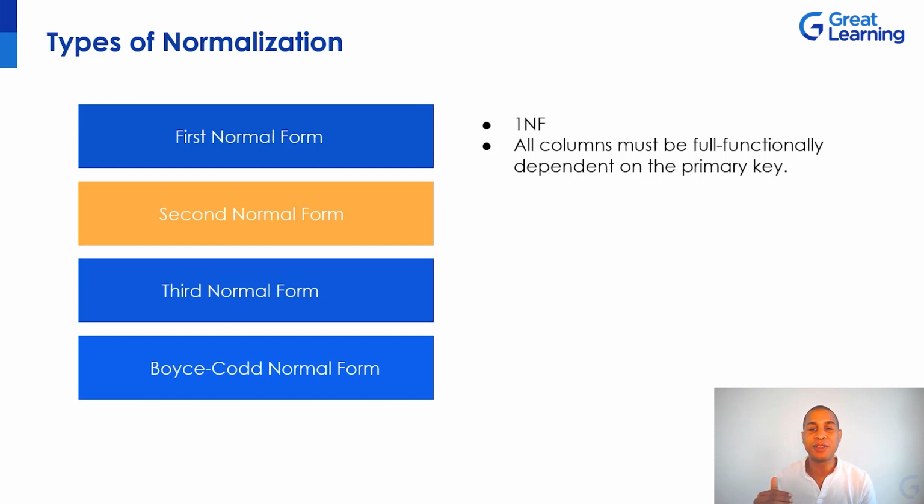Then we want to make sure that there are no subsets of a primary key in the second normal form, so we can have uniquely identifiable records. So this form is very dependent on a primary key. So we're going to dive into an example of this so you can understand how these principles help to organize this particular data.